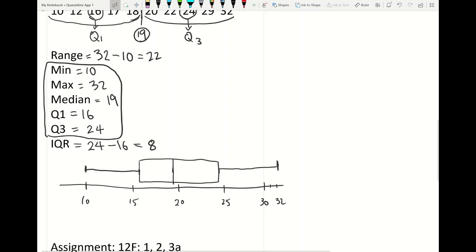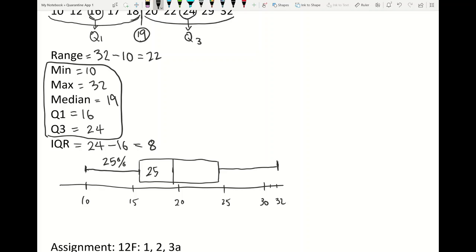Now, lastly, I need to point out one thing about box and whisker plots. You need to keep in mind that the whole plot is divided into 4 segments. The first one is the whisker, and then we've got half of the box, another half of the box, and then another whisker. So there are 4 segments. What you need to remember is that each segment represents 25% of the data points.